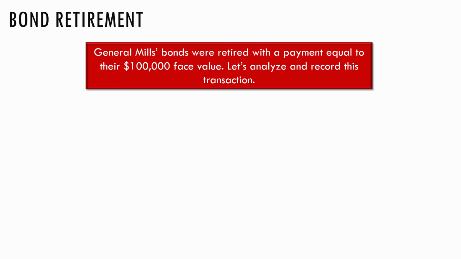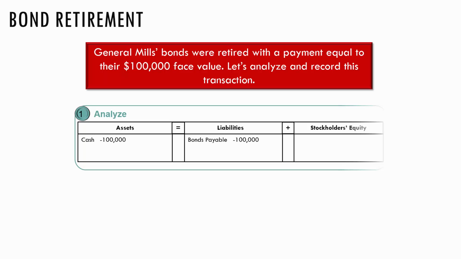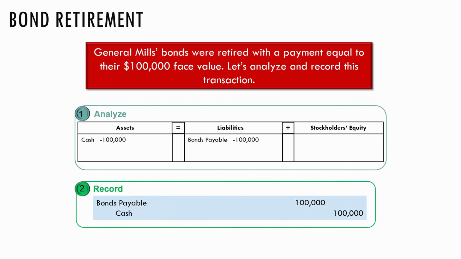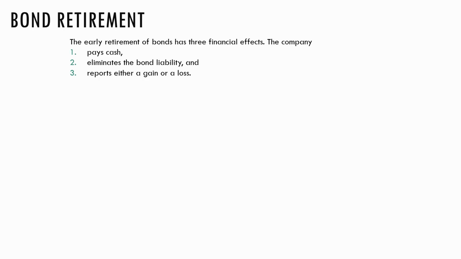Now, if we go through and retire these bonds, we are getting rid of the bonds. We are going to pay $100,000 to pay off our bonds. Well, we take the bonds off our books. If there's no premium or no discount, we just take the bonds off the books. If we had a premium or a discount account, we would need to remove the discount and remove the premium.